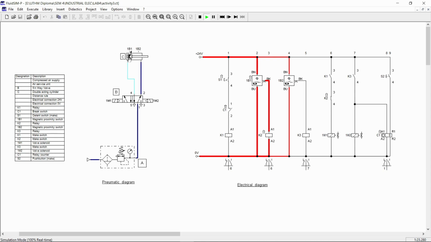When this piston is here, you can see 1B2 is closed and 1B1 is open. Component A and component B have the same practical and the same function. Okay, that's all.